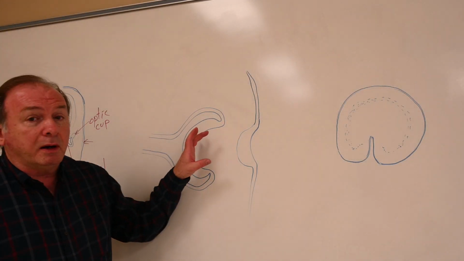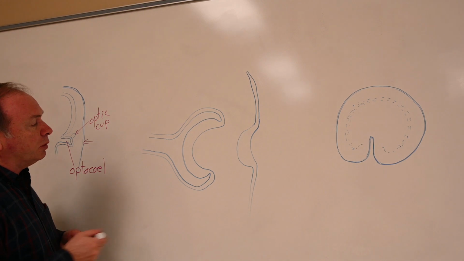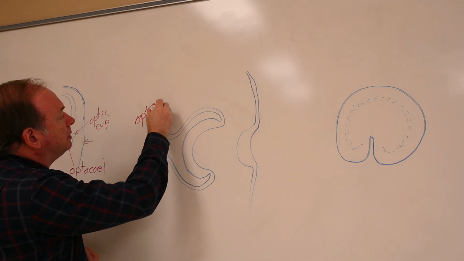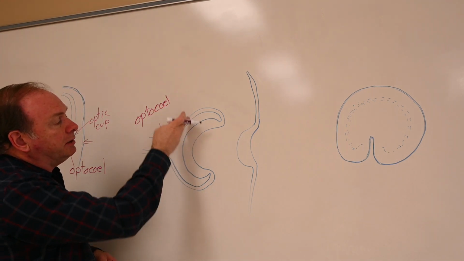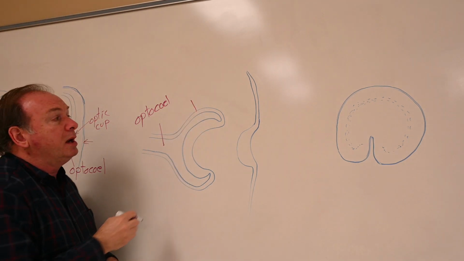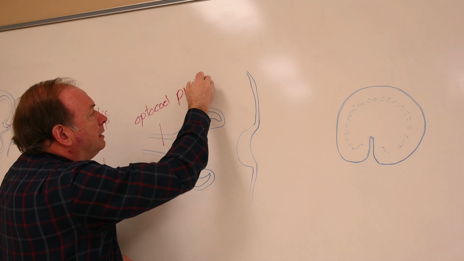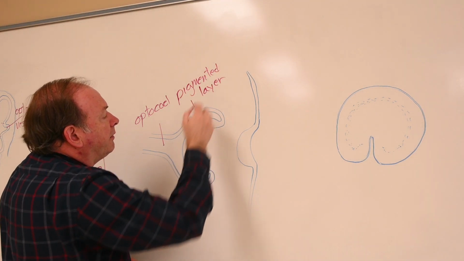Okay, here we have our optic cup formed pretty well here coming out. We still have our optocele cavity in here. We can see two layers to this cup. There's the outer layer here. This is going to become our pigmented layer of our optic cup.